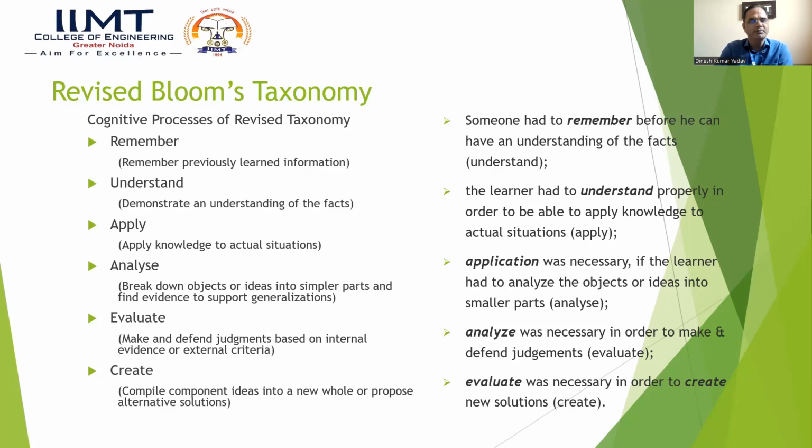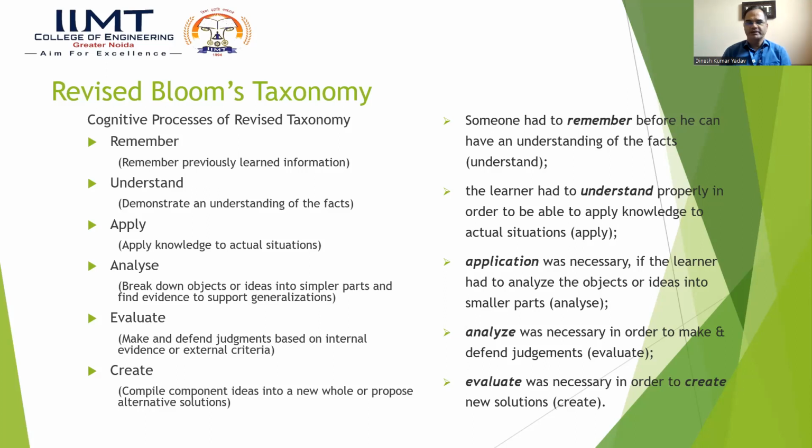So once the remember level is achieved, then only we can go to the understand level. So in the understand level, the learner or the user has to demonstrate the understanding of whatever he has remembered, whatever he has learned in the remember level.